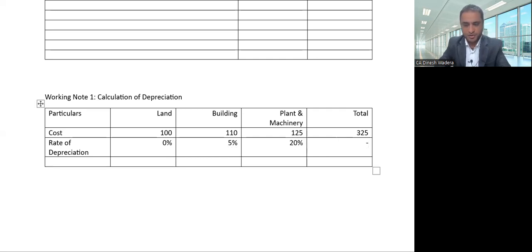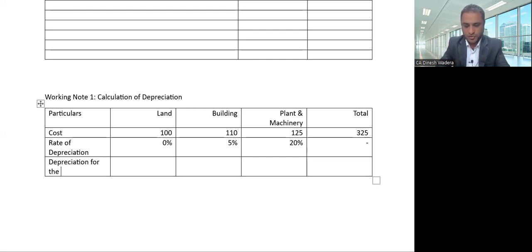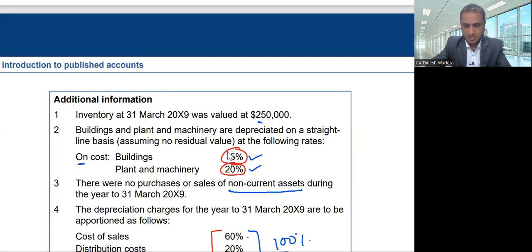There will not be a total. We will call it the depreciation for the year. It will be zero for land. Building, have I considered the figure here properly, or did I miss something?